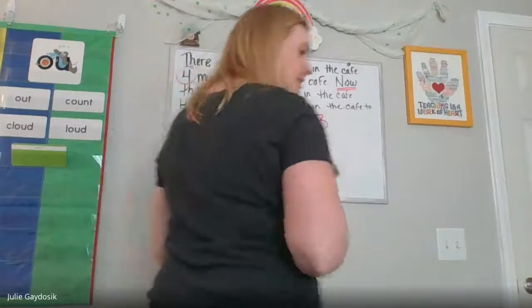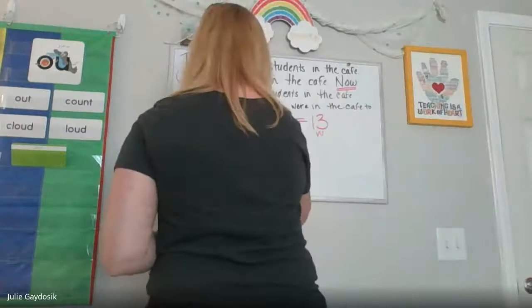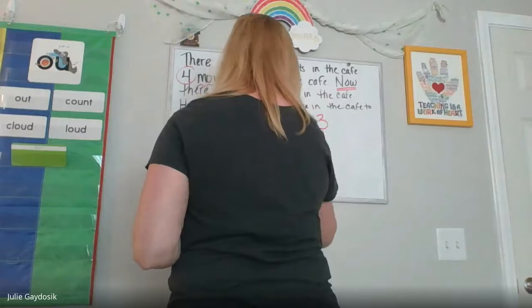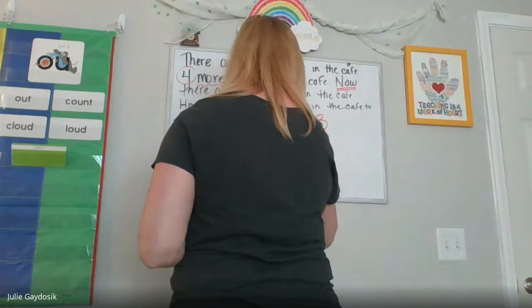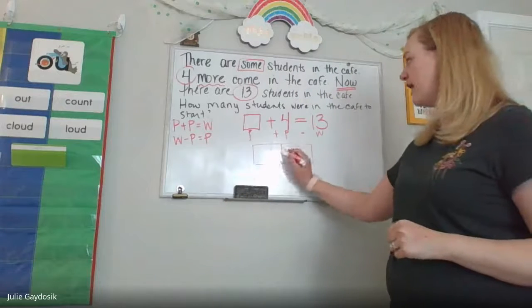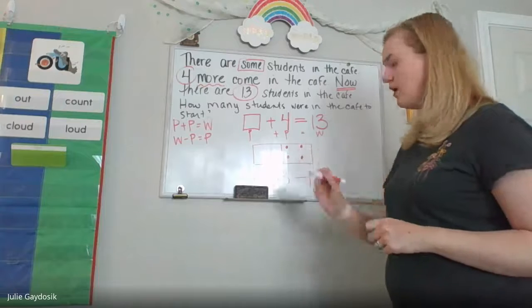So first, let's solve it using part whole. I'm going to draw my part whole diagram. My whole is 13, and I'm trying to find another part. So my first part that I know is 4. 1, 2, 3, 4.